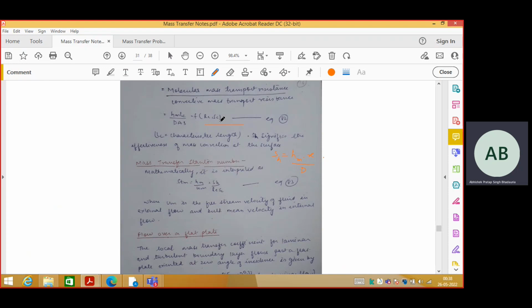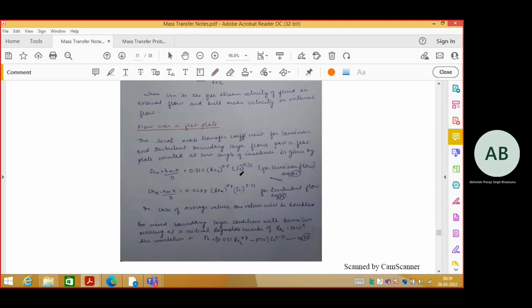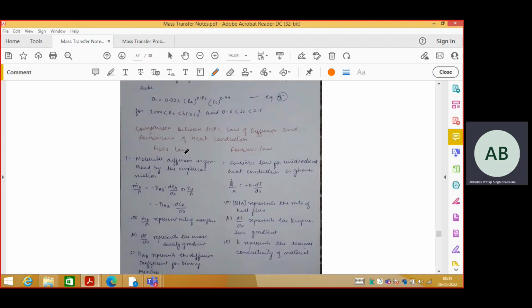General analysis in mass transfer can be done as we did for convection, flow over a flat plate or flow through a cylinder. Different correlations relating the dimensionless numbers are there for mass transfer also.